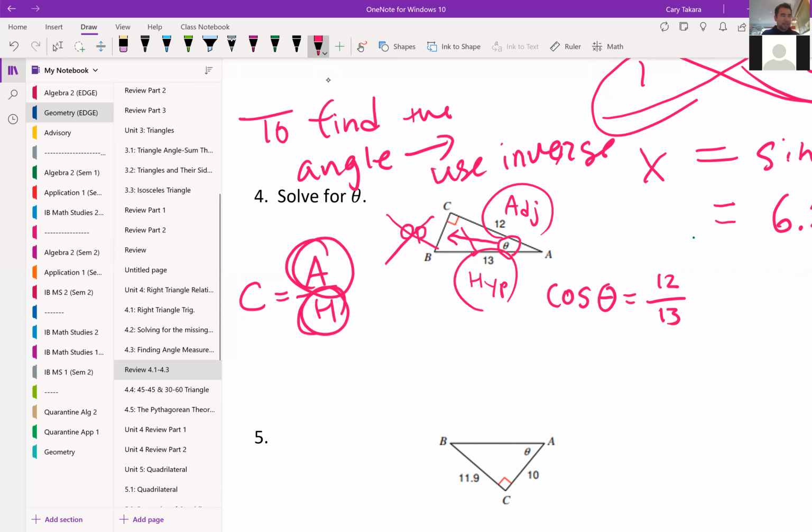And instead of cross multiplying, we are going to take inverse. So theta, the angle, equals inverse cosine of 12/13. No cross multiplication. I cannot stress that enough.